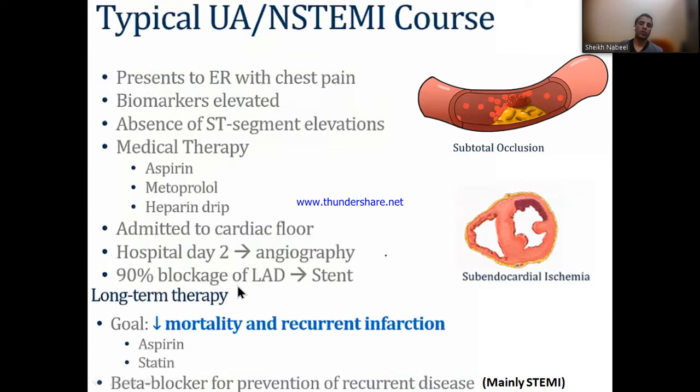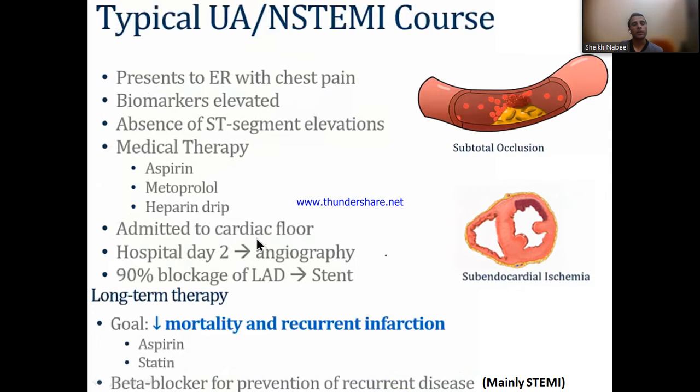And obviously you will perform the percutaneous intervention. Okay, so you will place the stents, and you will obviously give dual antiplatelet therapy after placing the stent.